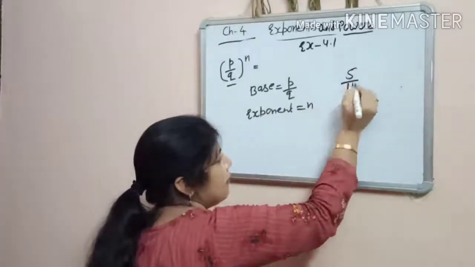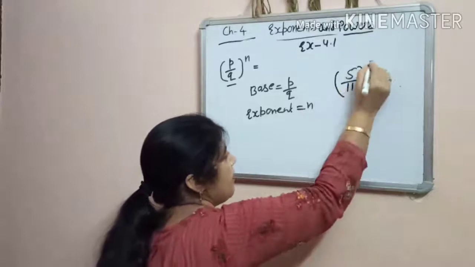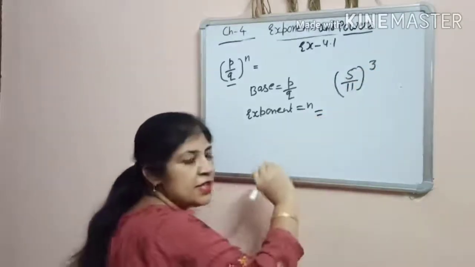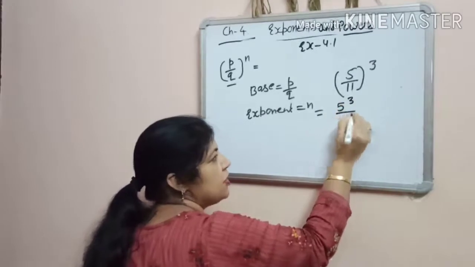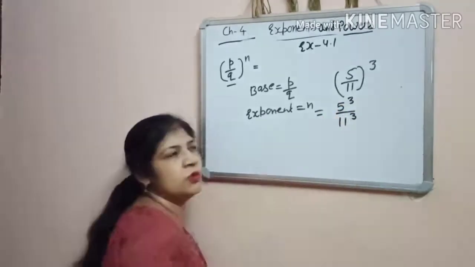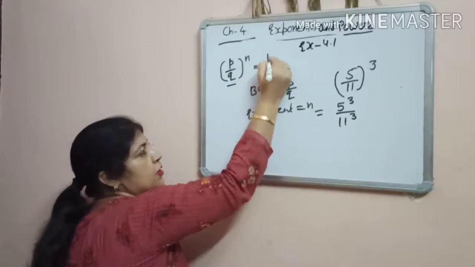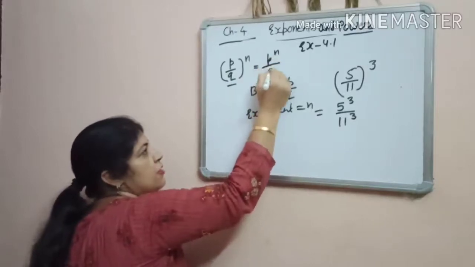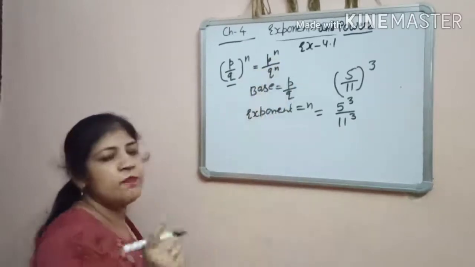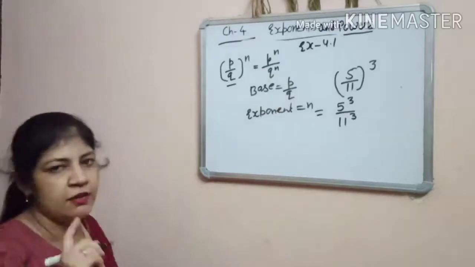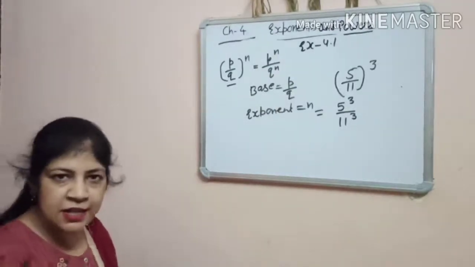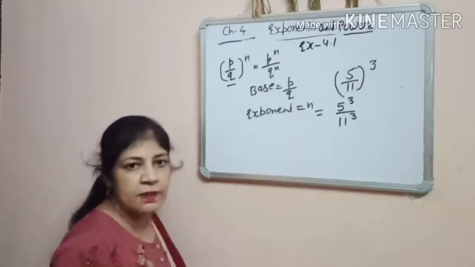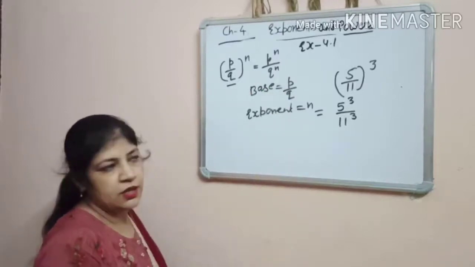Like this, 5 by 11 raised to the power 3. What does it mean? It means 5 raised to the power 3 over 11 raised to the power 3. Same here, p by q raised to the power n means the power of p and q is n. It means p is multiplied n times, q is also multiplied n times. Clear?